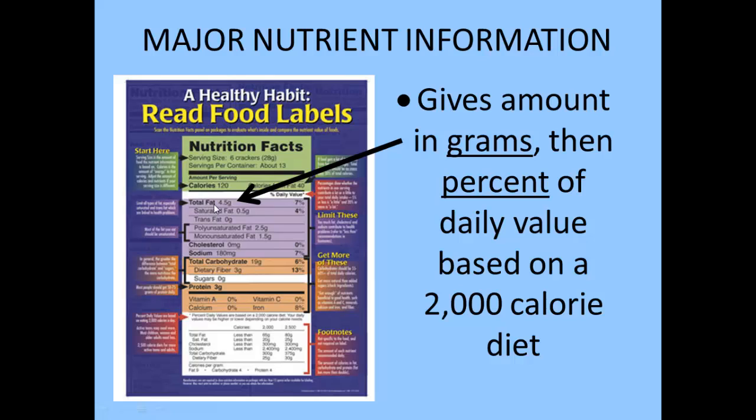So we've got our total fat, 4.5 grams. Then it'll give us percent of daily value based on a 2,000 calorie diet. Alright, so we see our total fat was 4.5 grams, but the daily value was 7%. And what that means is if you are supposed to take in 2,000 calories a day, if you eat these 6 crackers, you will have eaten 7% of the fat that you should have for the day.